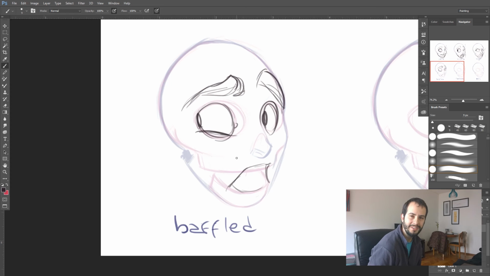I practiced these faces before and I did them because I thought that there was something different to do, but now I'm rushing through them and I don't know if I'm doing this right. Maybe baffled is more like, so all goes to one side and stretches from the other. This doesn't look baffled at all.